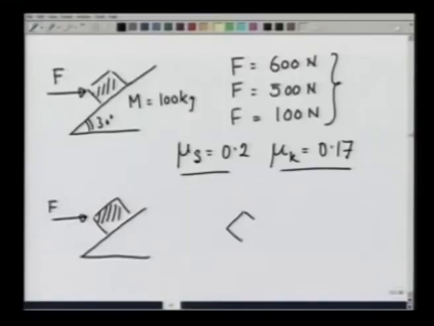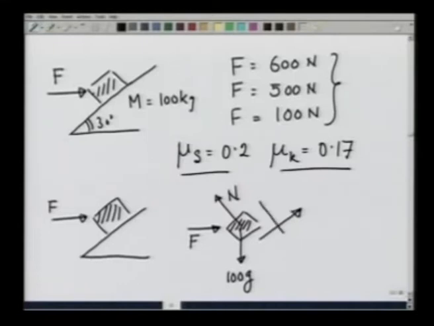Let us then proceed. If I make a free body diagram of the block, the force is acting this way. There is mg, 100 g acting down, and normal reaction n acting this way. Let me in this case take again the x axis to be in this direction and y axis in this direction.